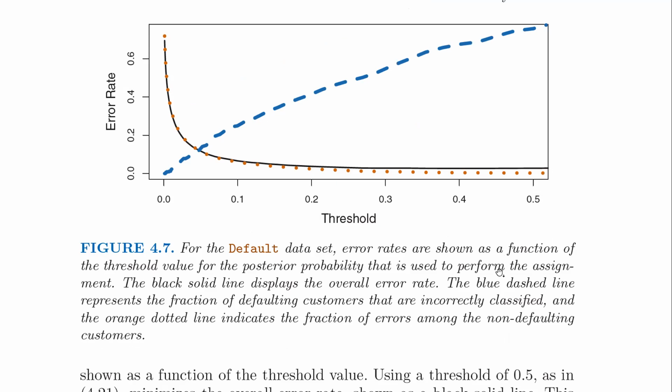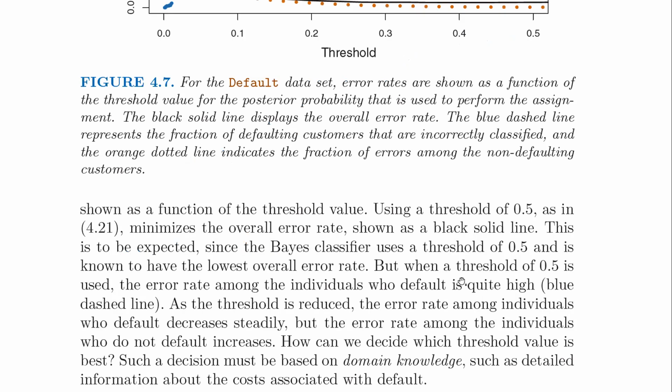The black is the overall error rate. LDA for two classes, default and non-default, is set up in such a way as to reduce the overall error rate. But then you can change the threshold to what makes most sense for the specific scenario that you're working with.